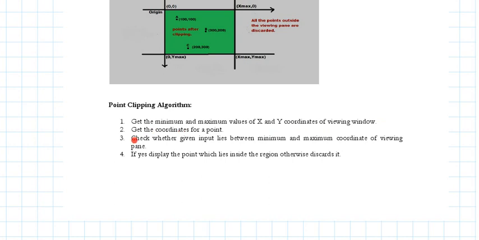Third step is check whether the given input, in this case the point, lies between minimum and maximum coordinate of viewing pane. Lastly, if yes, that means if the condition of the third step is satisfied, it implies that the point is lying inside the region. Otherwise, you have to discard it.